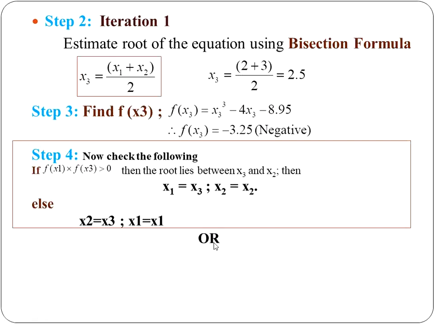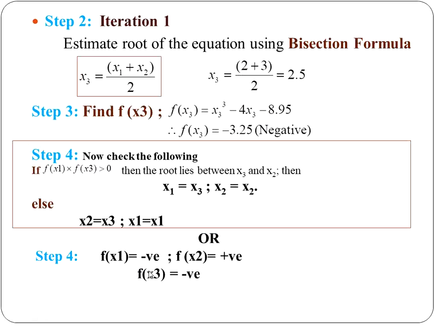Here is another one. Now suppose function of x1 is negative and function of x2 is positive. This we already got in the previous slide. And function of x3 I will get negative. So function of x1 is negative, function of x3 is negative.